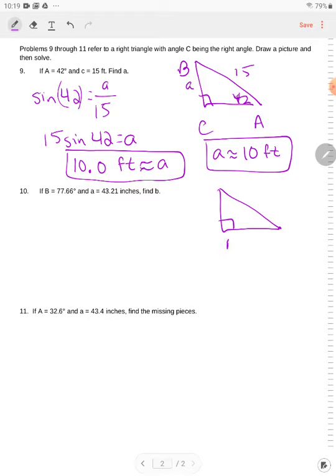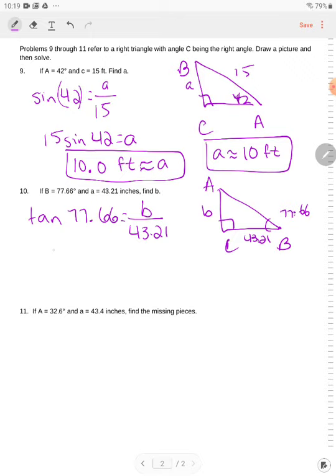Okay, angle B is 77.66. A is 43.21, and we want to find B. Notice we do not need the hypotenuse. It's not given either. So we're going to use tangent. Tangent of 77.66 is equal to b divided by 43.21. Again, we'll multiply each side by 43.21.